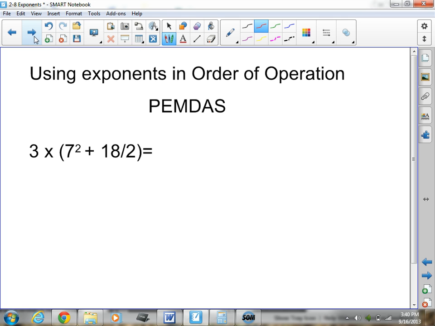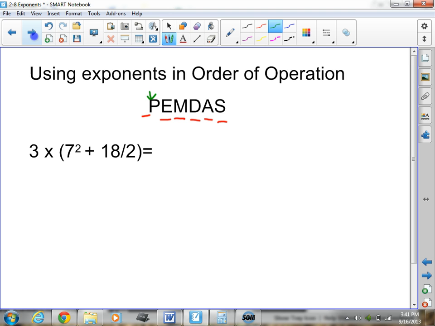Using exponents in order of operation. Now we know that we have practiced order of operation before. We remember it by please excuse my dear Aunt Sally. Parentheses, exponents. Hey, there's our exponents that we're learning. Multiplication, division, addition, and subtraction. So we know with order of operations we do the P first, the parentheses.